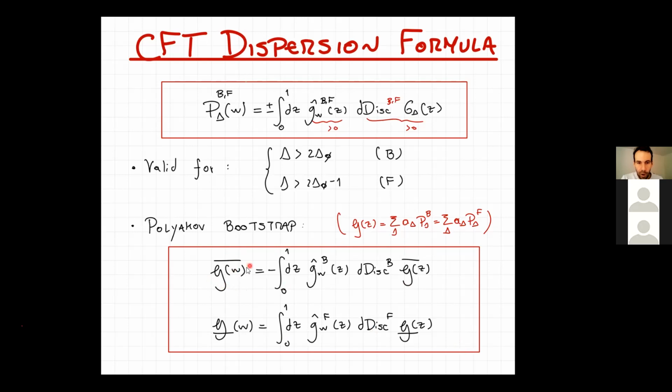There are actually two dispersion formulas, one that arises from the bosonic master functional and one that arises from the fermionic master functional. Notice that these operators are different. The bosonic double discontinuity is not the same as the fermionic discontinuity. But both of these have nice positivity properties. So these are two different dispersion relations for CFT correlators.